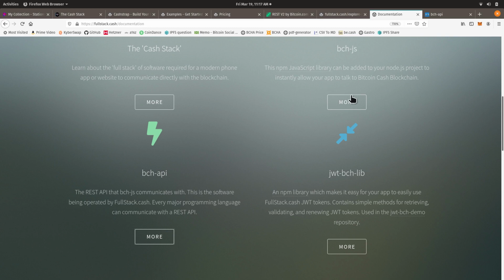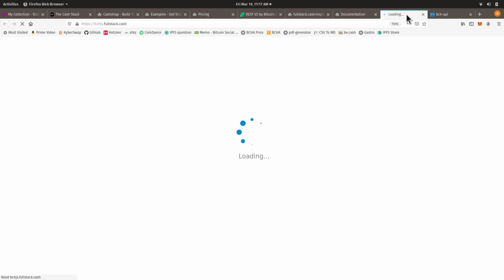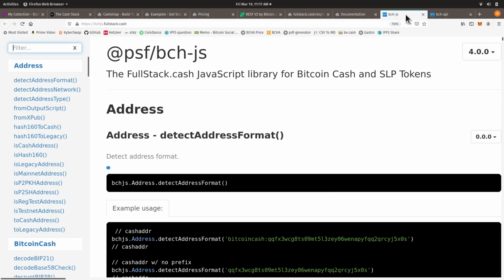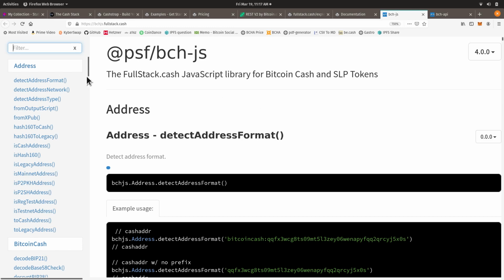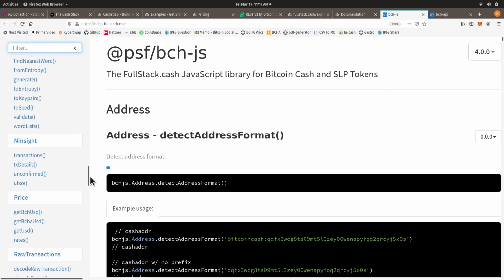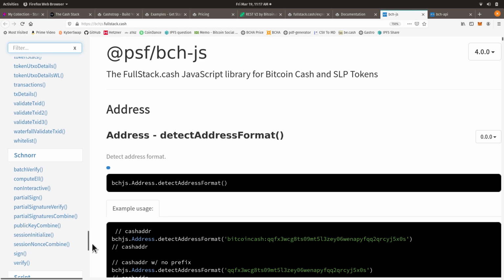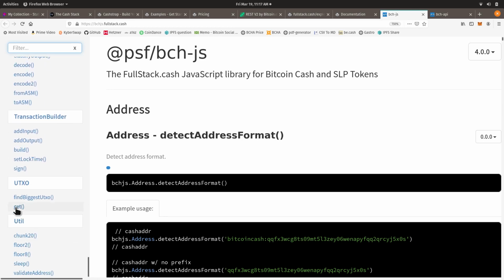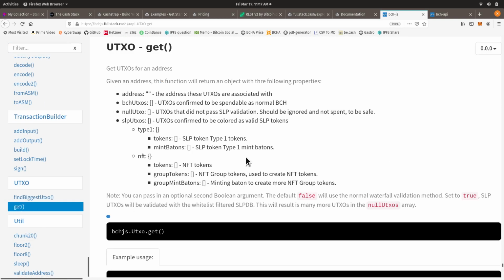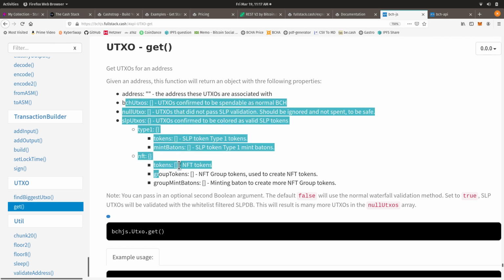We have BCH.js, which is our version of Bitbox. It's forked from the same code, and it's had several upgrades since we forked it about a year ago. One of the most useful endpoints is this UTXO get call, which you give an address, and it will automatically retrieve all the UTXOs and hydrate them with token data if they're tokens, and then categorize them into different arrays.